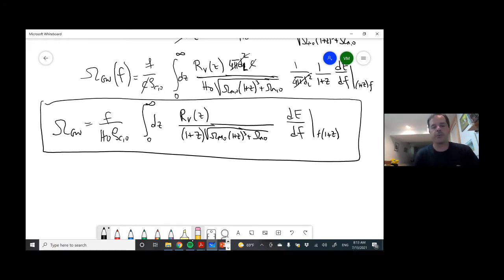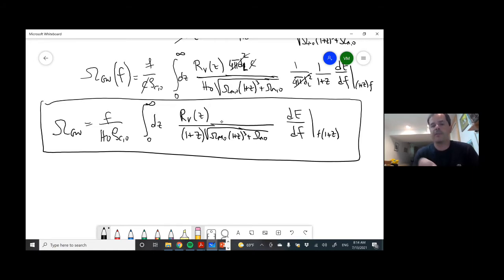And when you look at this, you see that a lot of this is well known, right? So f, of course, is just frequency. H0 is a number. Rho c is a number. In the denominator here, 1 plus z, of course, we're integrating over, so that's not a problem. The expression under the square root is also well known. We now know the values of omega matter and omega lambda pretty well, 0.3 and 0.7 respectively.